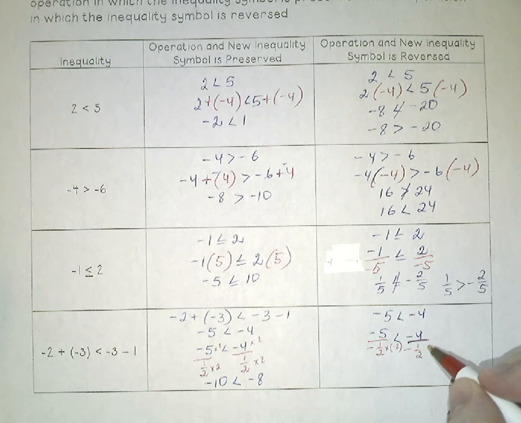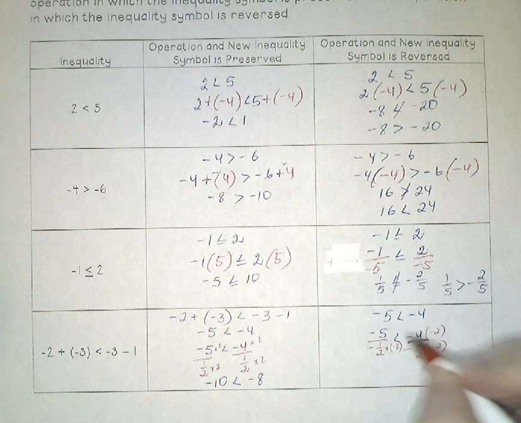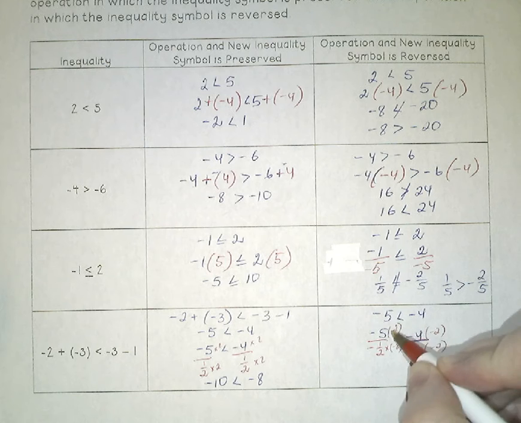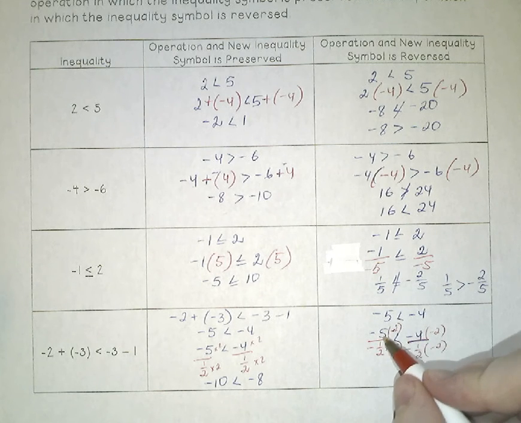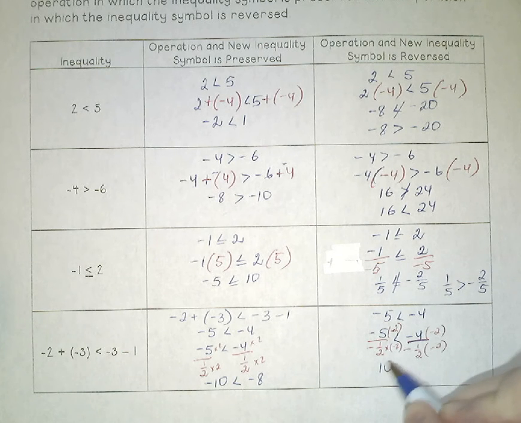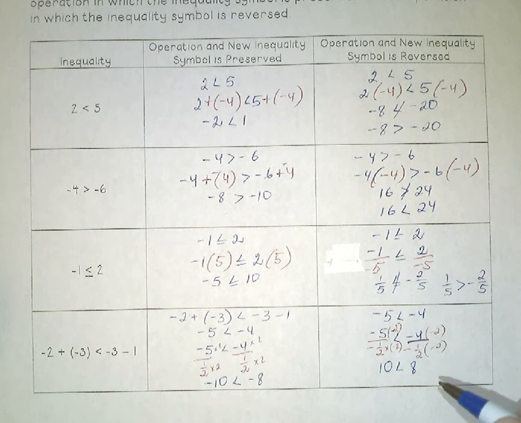Reciprocal of negative 1/2 is negative 2. So negative 2 on all sides here. Negative 5 times negative 2 is going to be positive 10. And negative 4 times negative 2 is going to be positive 8. 10 is not less than 8 anymore. 10 has to be greater than 8. So that's how our inequality sign changes.